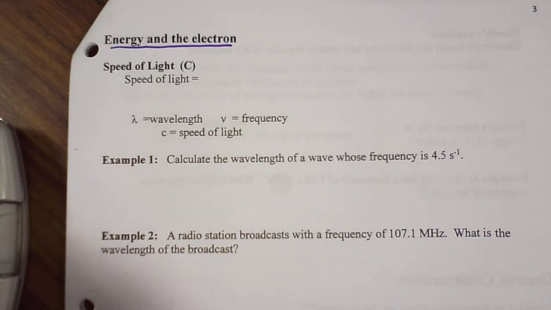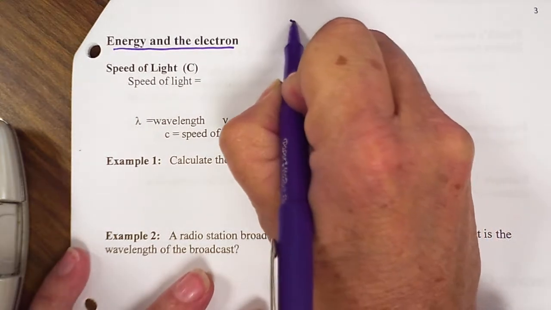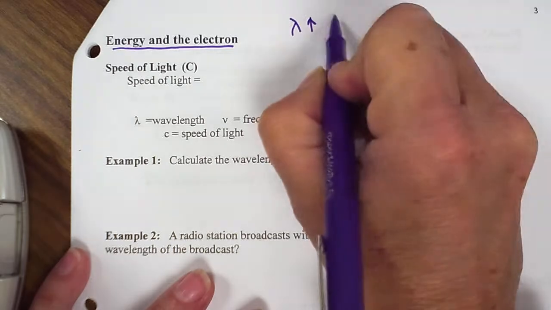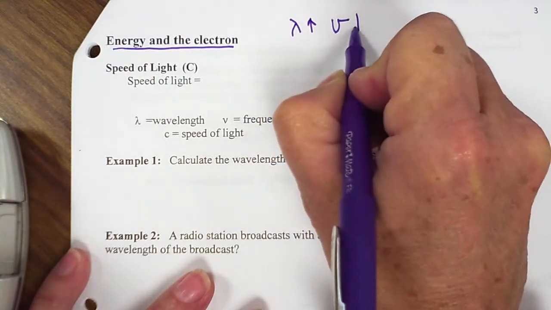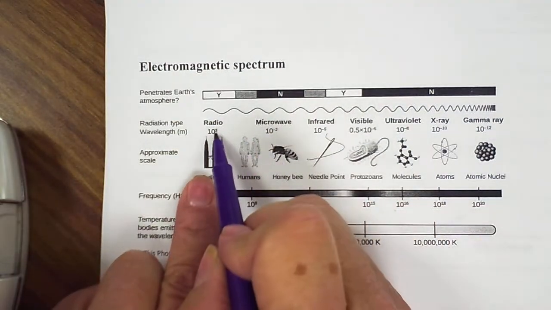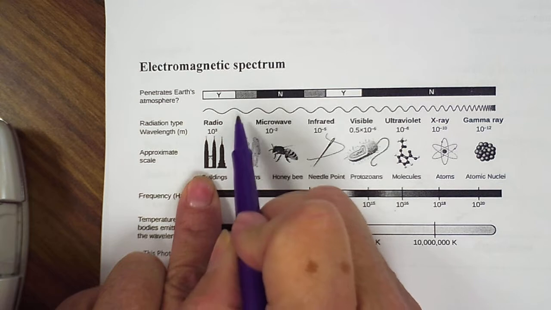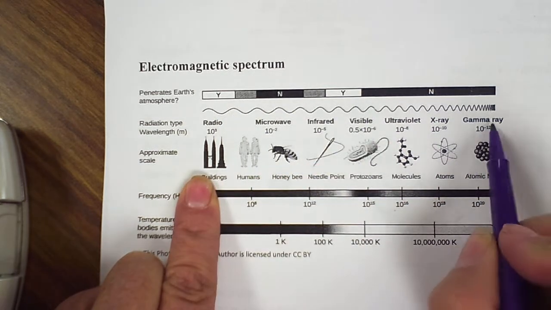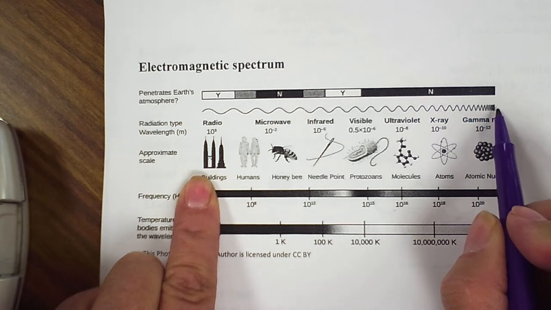Now, last time we met, we talked about the fact that as wavelength increases, frequency decreases. We looked at the electromagnetic spectrum and said radio waves, which are as long as a soccer field, have a very low frequency.